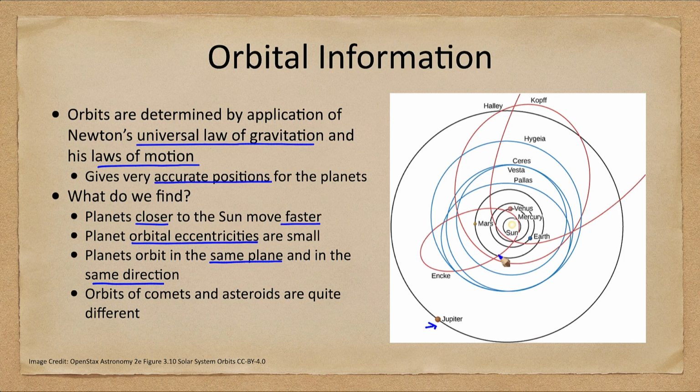Now the black circles for the planets are all relatively circular, Mercury being the most deviant from a circle. The blue asteroids, you can see their orbits are a little bit different, that they do have more eccentric orbits. And the red orbits of comets can be even more extreme. So even more eccentric orbits for the comets and the asteroids.